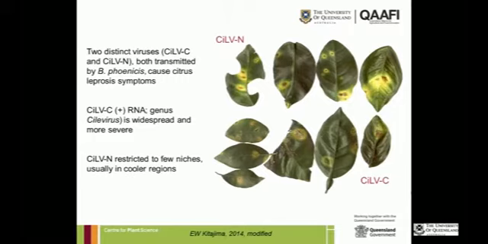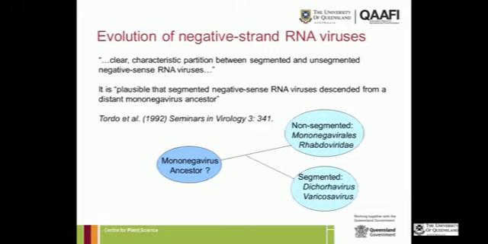It's quite widespread and very severe, and the other is caused by this nuclear dichorhavirus, which seems to be geographically somewhat in a different location than the positive sense RNA virus. So a lot more research is happening on this citrus leprosis.